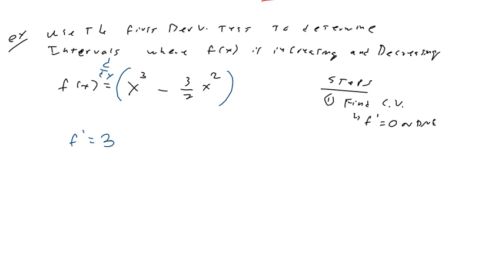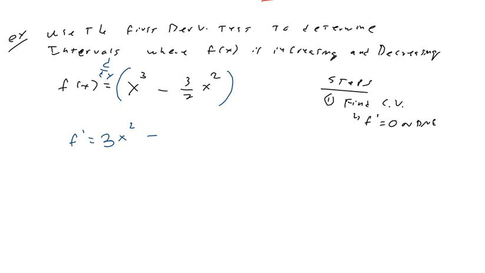3x squared minus, bring the 2 down, the 2 will cancel the 2 on the bottom. I bring it down in front, it multiplies by the 3, and I cancel that 2 with this 2.